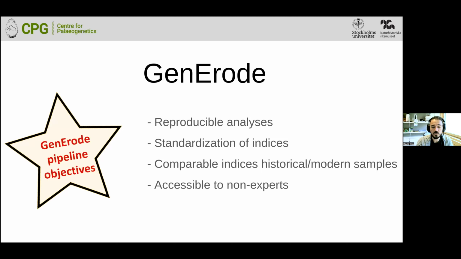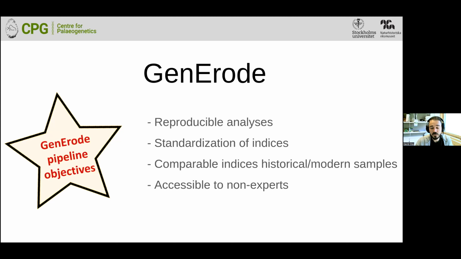This can also lead to an increase in the standardization of indices, and I'm referring here to these genomic indices. I'm going to explain a little bit about those in a second. But standardization is very important, as I was mentioning before, to be able to compare between different studies.